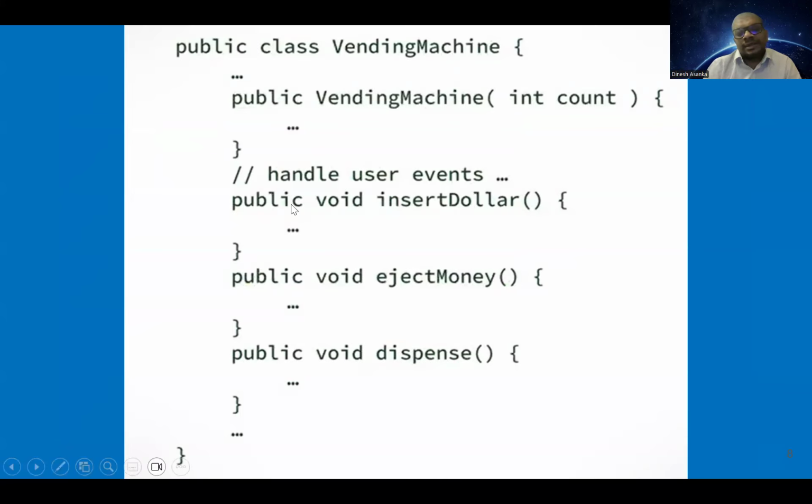Then there are three events. You insert a dollar; money will come out, eject money; and then you dispense the relevant item. So you will have those three events as well.